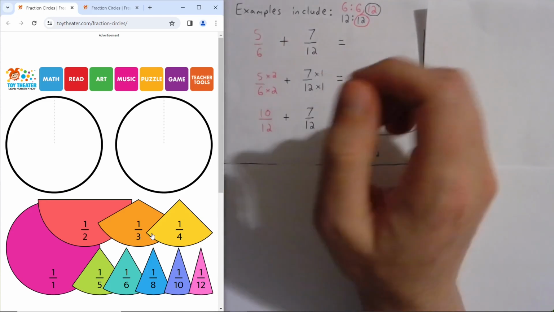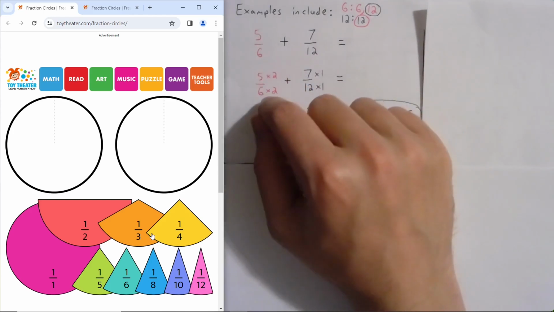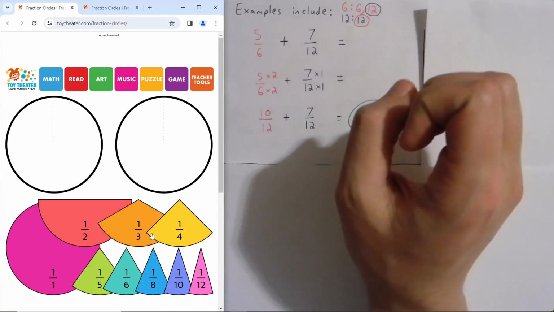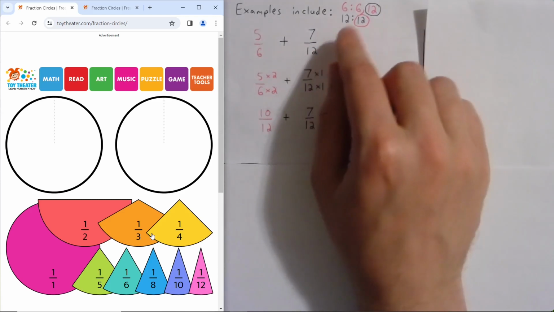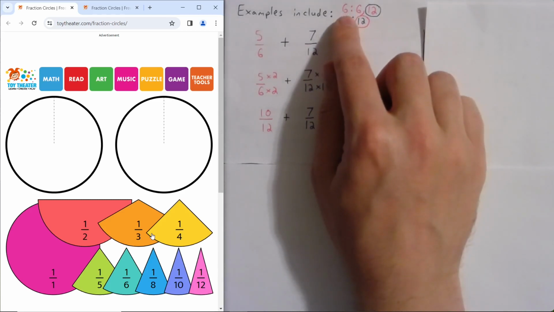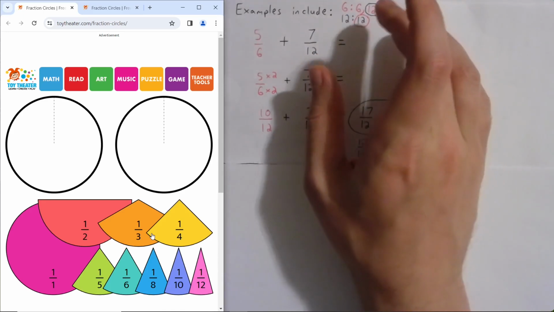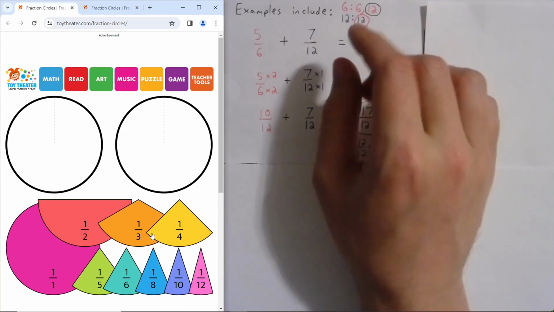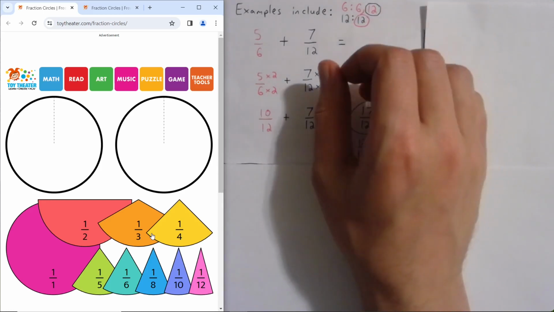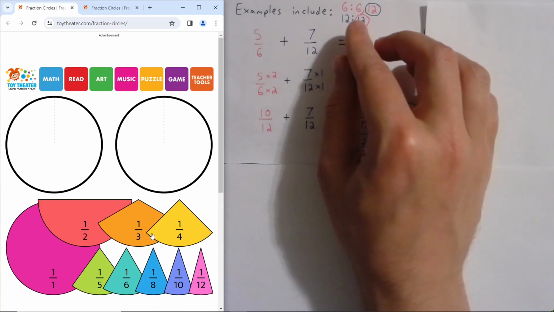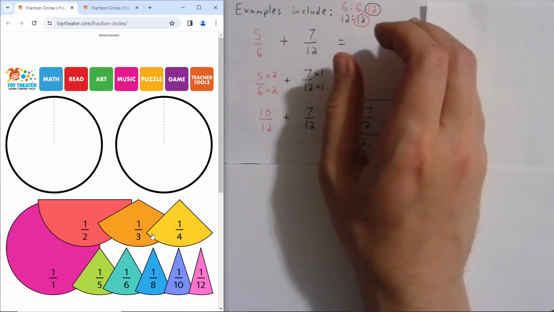To figure out the least common multiple, which would be their denominator, so the least common denominator, that both 6 and 12 go into, I just list what 6 goes into and what 12 goes into, and then when I find what they both go into, I circle it. So for 6, I think 6, 12, 18 to start off, and then for 12, when I'm counting by 12s, 12, 24, 36 to start off.